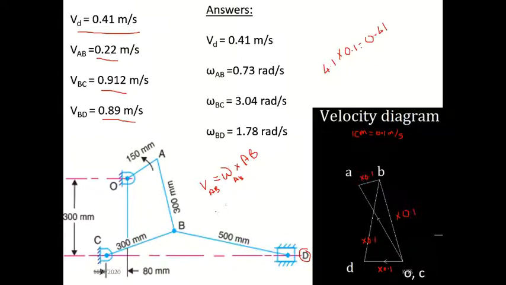Similarly, VBC equals angular velocity of BC into link length of BC. Then VBD equals angular velocity of BD into link length of BD.